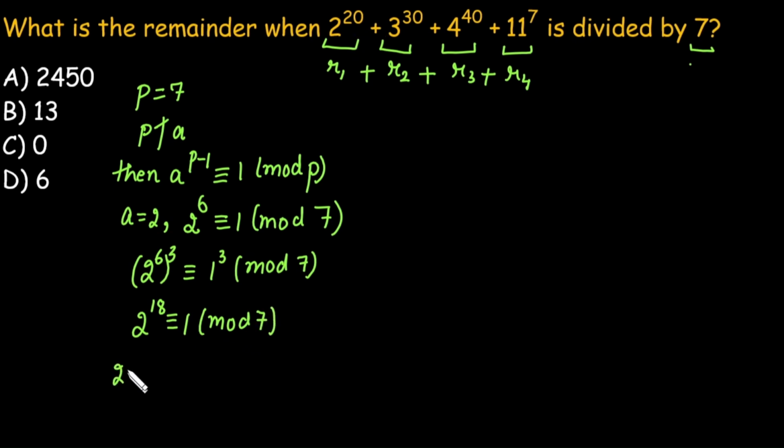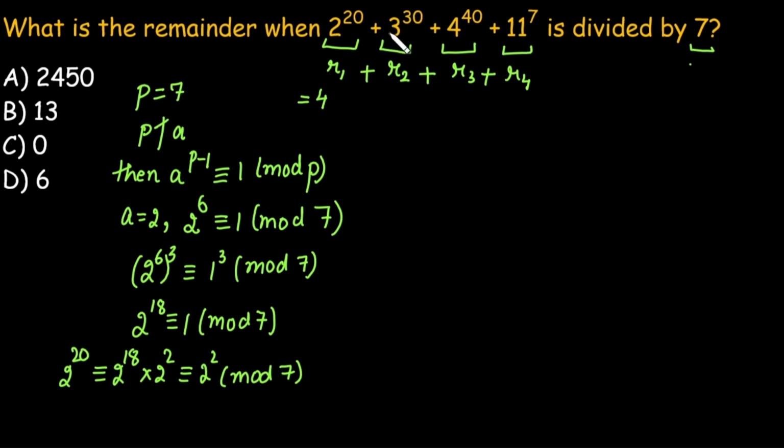In the next step, we can multiply both sides by 2 squared. On the left side, we have 2 raised to power 20, that is congruent to 2 squared, that is 4. And 4 is less than 7. Therefore, we cannot split this further. So we can say that when 2 raised to power 20 is divided by 7, the remainder is 4. So here we are getting R1 equal to 4.